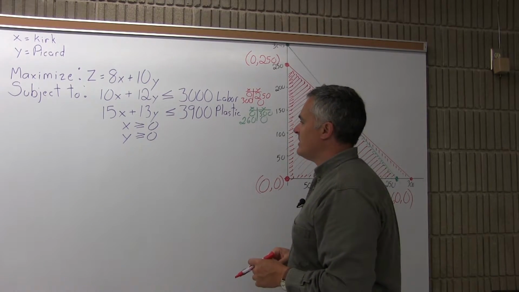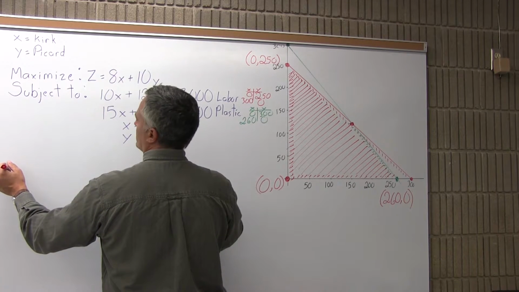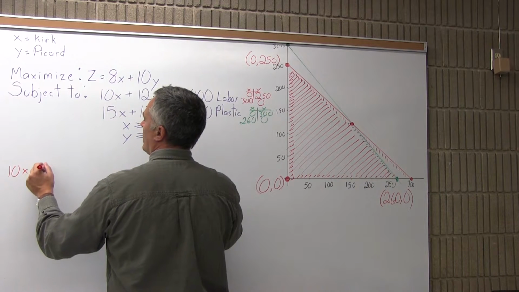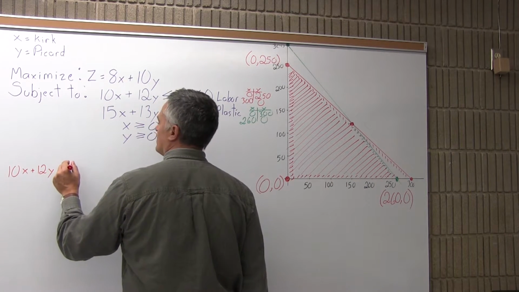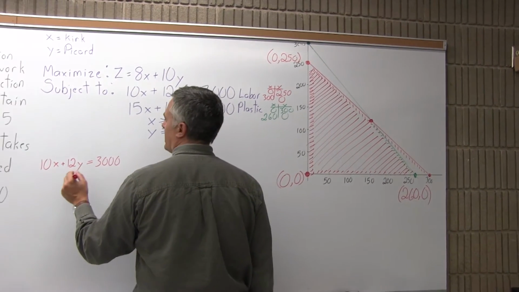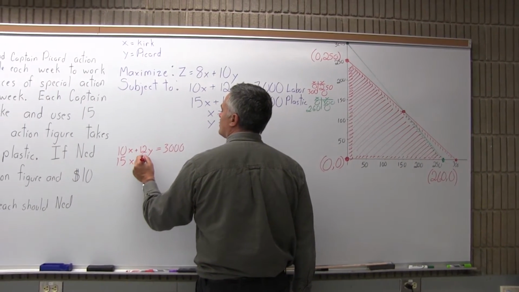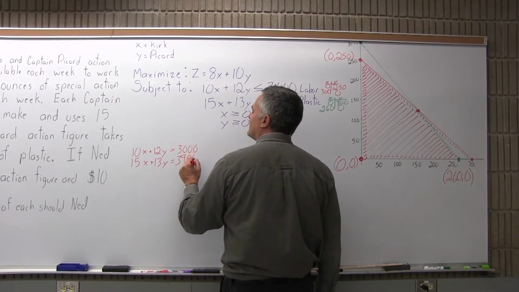So for labor, 10x plus 12y equals 3,000. And then the one for plastic is the equation 15x plus 13y equals 3,900.